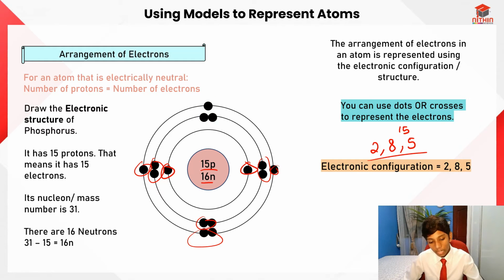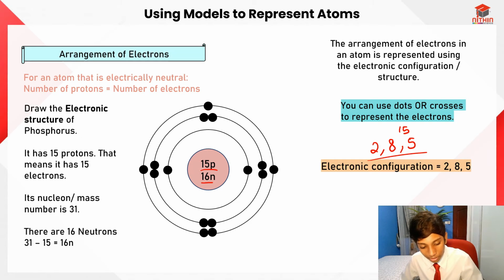Okay, and please do remember, when you're drawing your electrons, please try to maintain the same size and always keep it closed. If you're drawing your electrons like this, it is a good size and it's also closed.